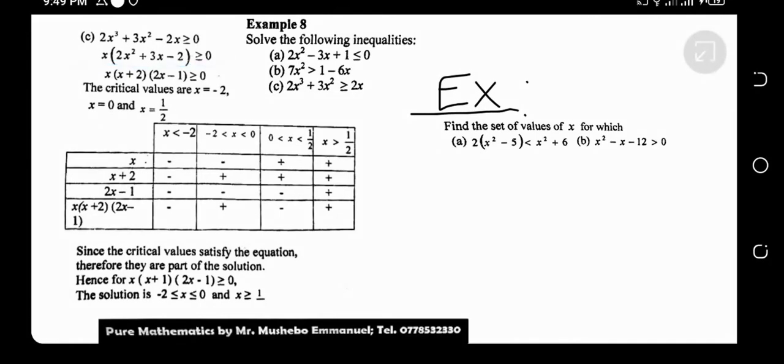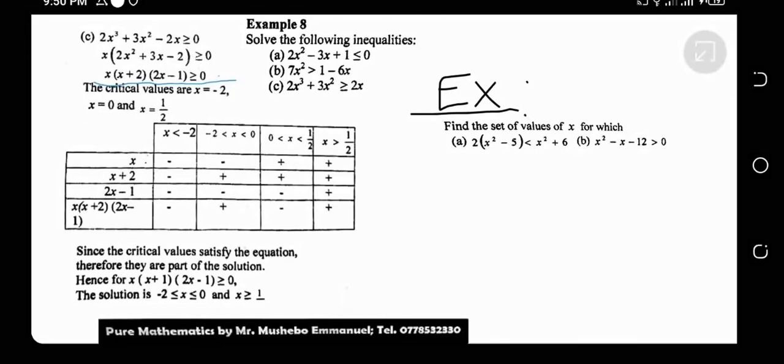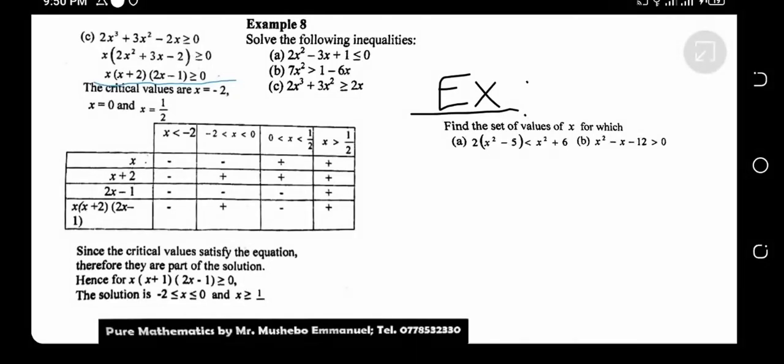After that, we factorize what is inside the bracket, and we get x into x plus 2, another bracket 2x minus 1, which is greater than or equal to 0. So mostly the real work is around here. You have to know how to factorize any quadratic expression if you are to work out these questions effectively.